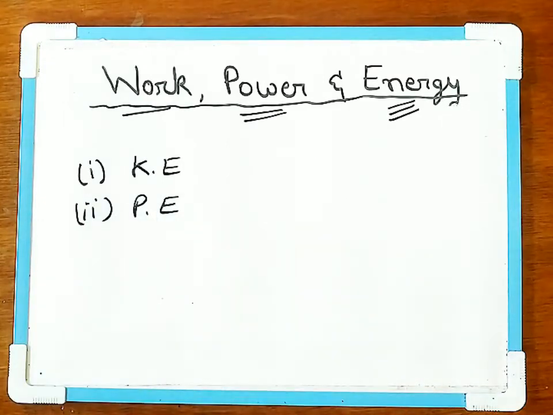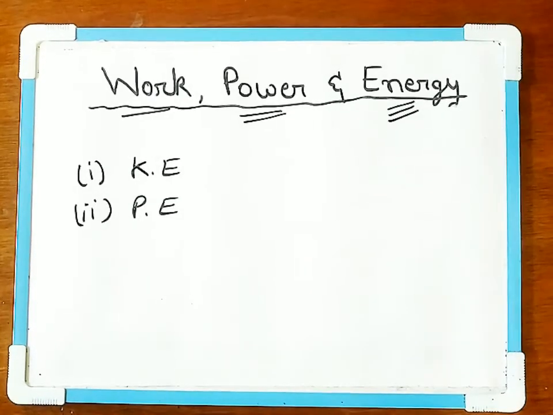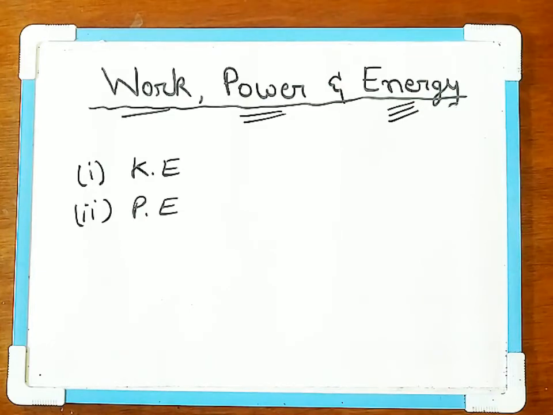So kinetic energy is the energy possessed by a body by virtue of its motion. If an object is moving with some velocity, then that object possesses a kinetic energy to displace another object.